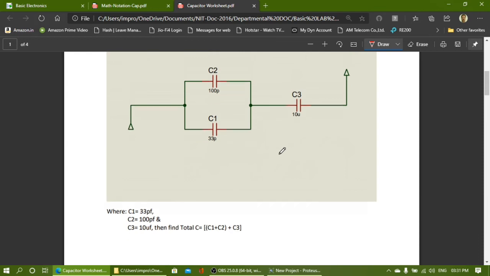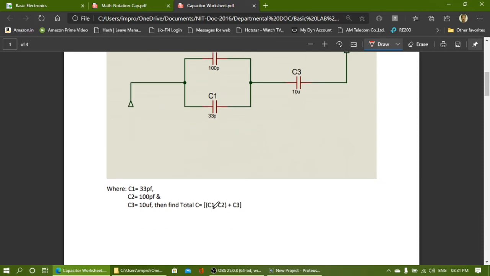So first you will need to calculate the combined value of C1 and C2, which was 133, and again you have to calculate the value with C3, which is 10 microfarad.